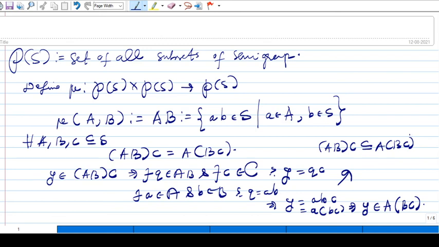So we have proved that the power set of a semigroup can again be viewed as a semigroup by defining the product of two subsets of a semigroup. With this result I am concluding my lecture.